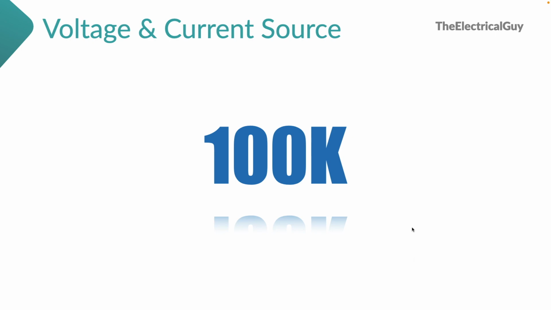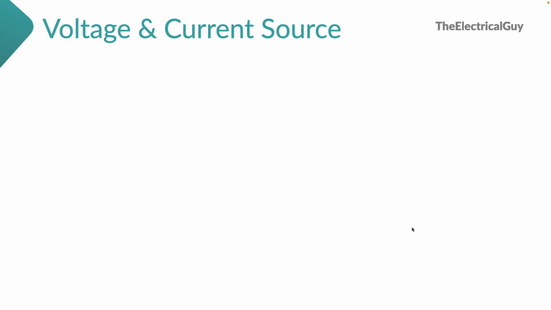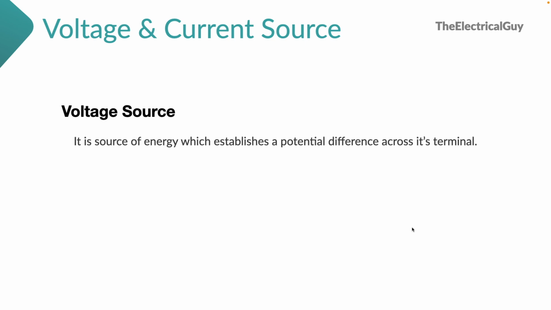Let's first understand what is voltage and current source. So a voltage source is of course a source of energy which establishes a potential difference across its terminal. Now we have already understood in the initial videos of this series what is potential difference. I will not explain that again. If you want to know what is potential difference, what is voltage, do check out that video. You will get the link down in the description.